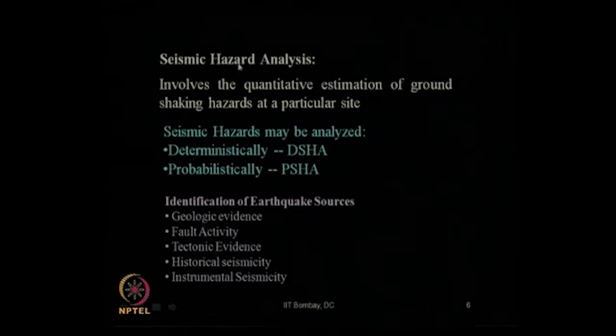The first step to do the seismic hazard analysis is to identify the earthquake sources, that is the very first step. To identify the earthquake sources, what are the characteristics we should look into?